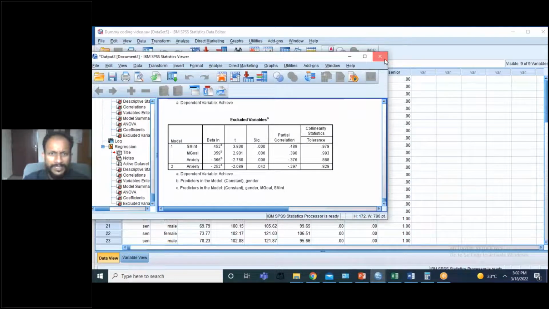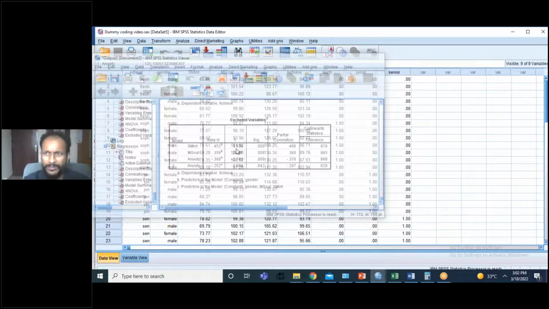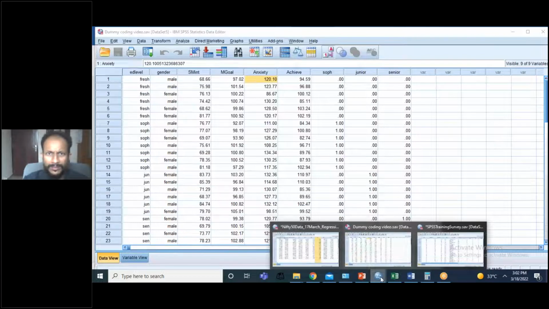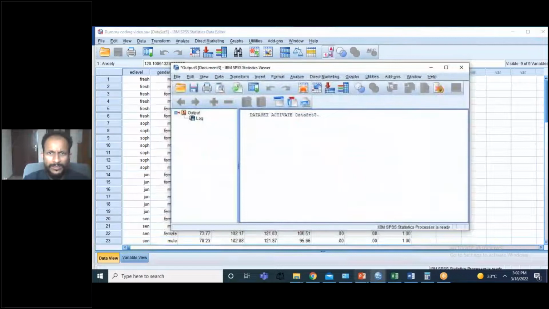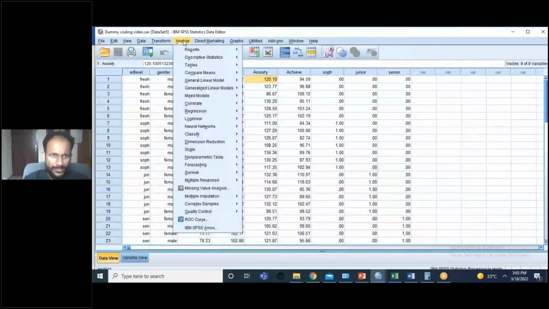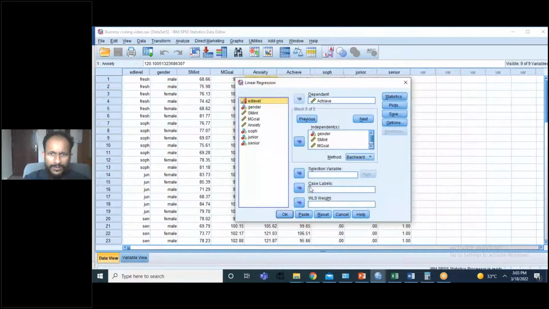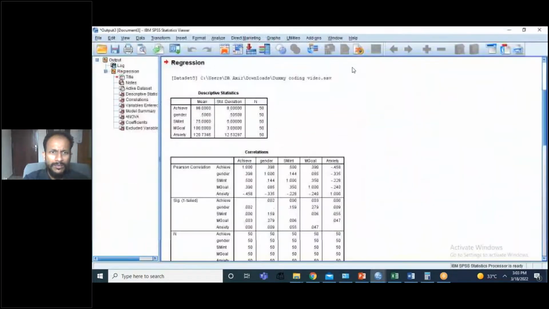For some reason, it is not showing the output. I will rerun this. Give me a moment. Close some of the windows so that we'll get the output. There are too many windows. Regression, linear, choosing backward. Yes, this time I got it.